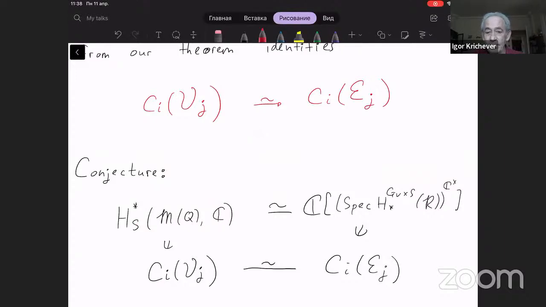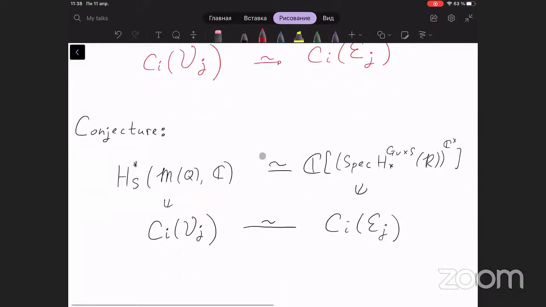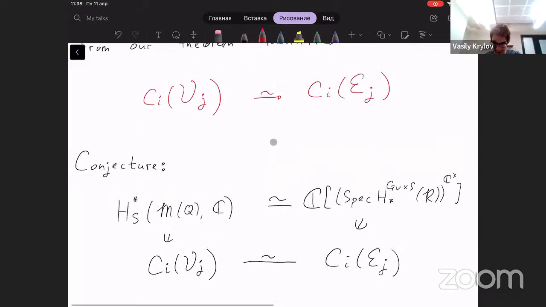Can you say again? When you replace the left-hand side by K-theory, what do you do on the right-hand side? Let us look at it in this form, when you already deal with quiver varieties.